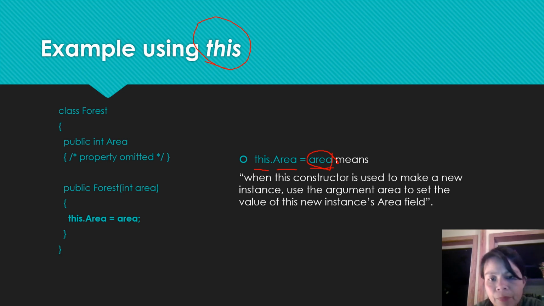So again, when this constructor here is used to make a new instance, use the argument area to set the value of this instance's area field.